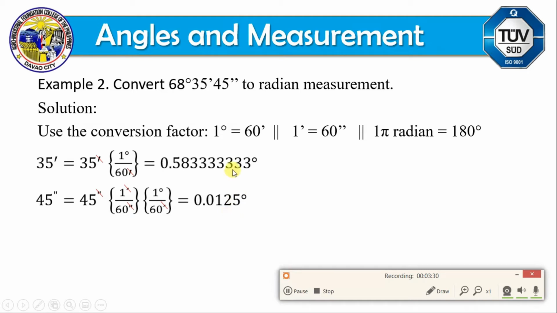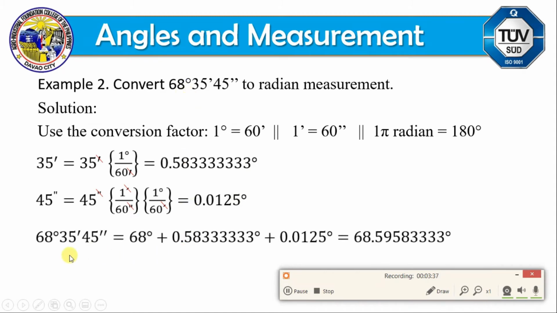Now, combining these degree measurements, together with this 68 degrees, we get that 68 degrees, 35 minutes, 45 seconds is equal to the 68 degrees, the value we solved earlier, and this one. When we add everything up, we have 68.59583333 degrees.